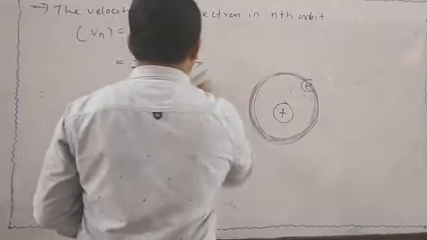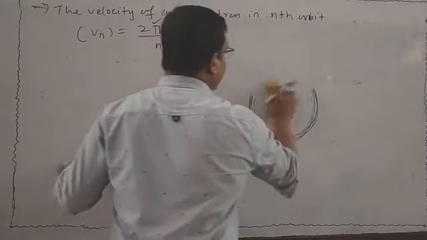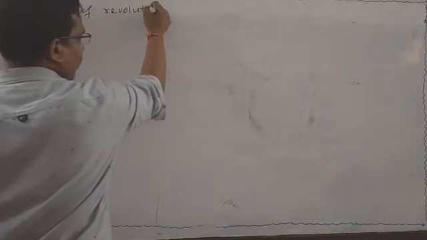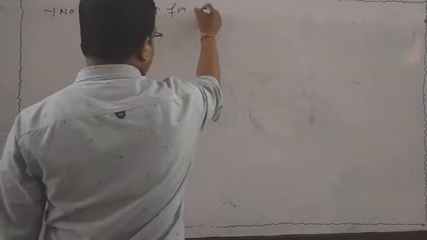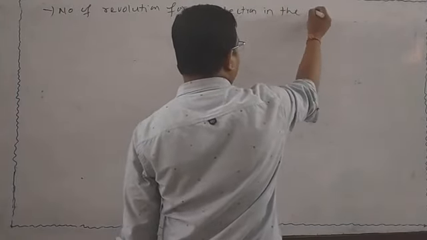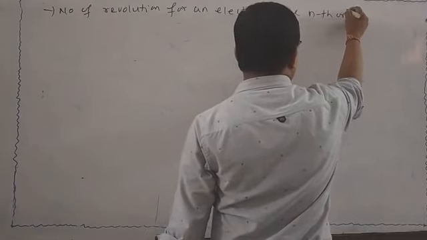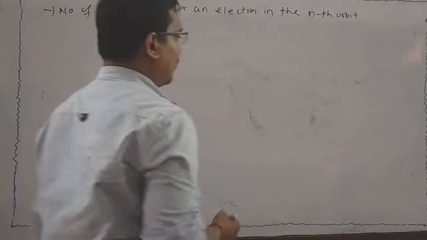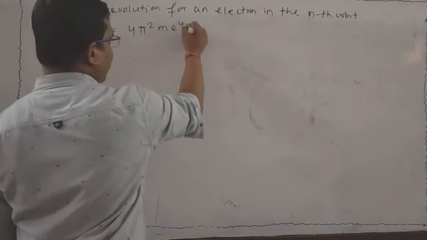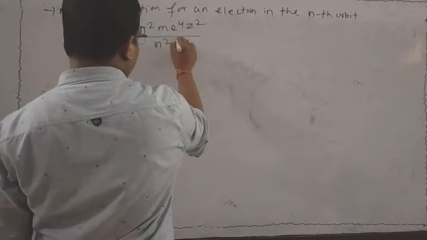So we can write the number of revolutions for an electron in the nth orbit equal to the formula 4 pi square m e^4 Z square by n square h cube.